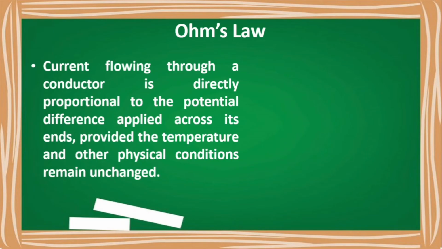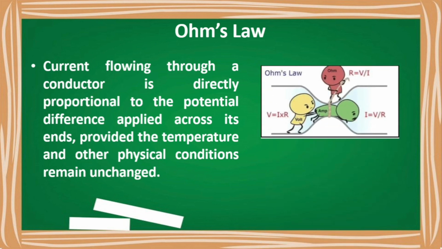Ohm's law. The current flowing through a conductor is directly proportional to the potential difference across it, provided that the temperature and other physical conditions remain unchanged. Let us understand this diagram. The current wants to enter this part of the element, and there has to be somebody applying pressure.